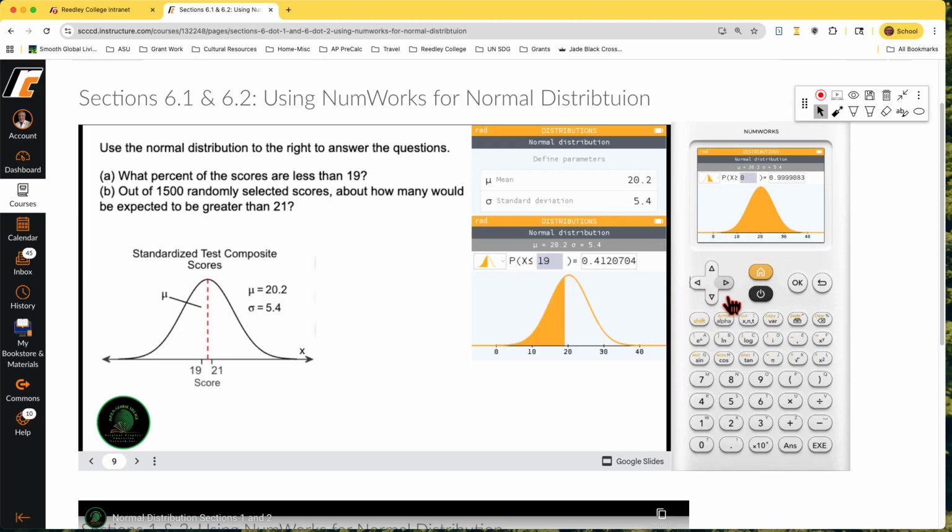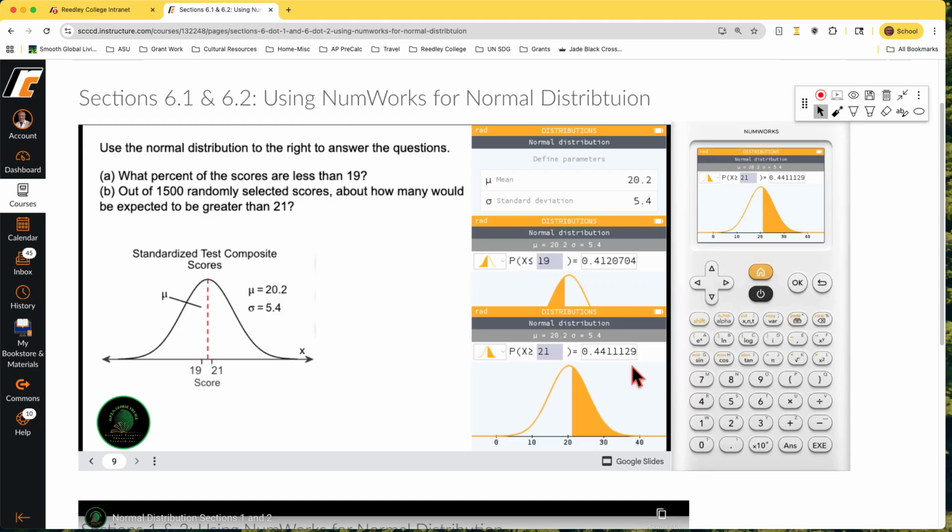Put in our 21, and we've got a percentage, right? 44%. What do we do with that percentage? Awesome. So you guys are already experts. Sometimes you're going to have to do this calculation, but we're getting a percentage probability. We multiply it by the number we were given, the 1,500.